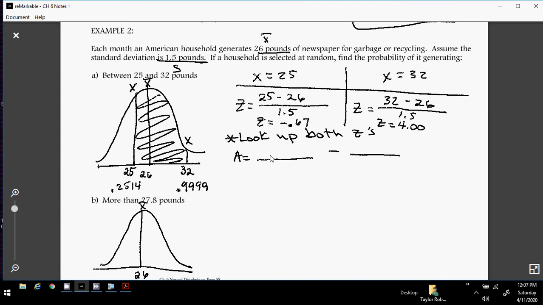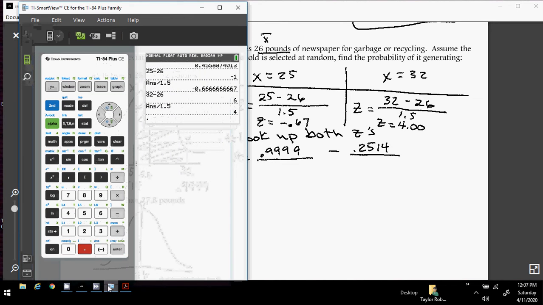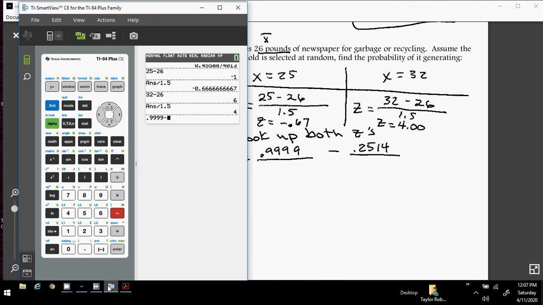We need to do the bigger one first, so 0.9999 minus 0.2514. I'll type that into my calculator, and I get 0.7485. So what is the probability that it's between 25 and 32? That is 0.7485.